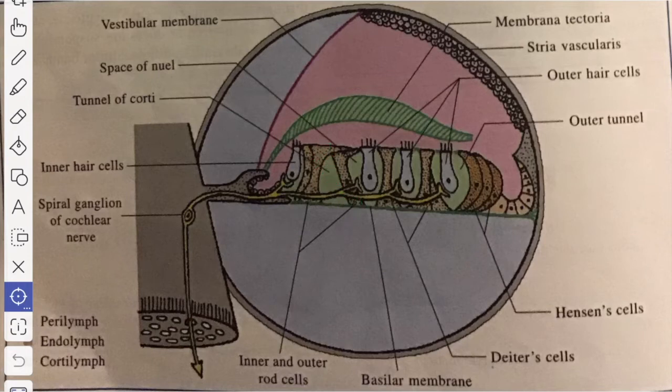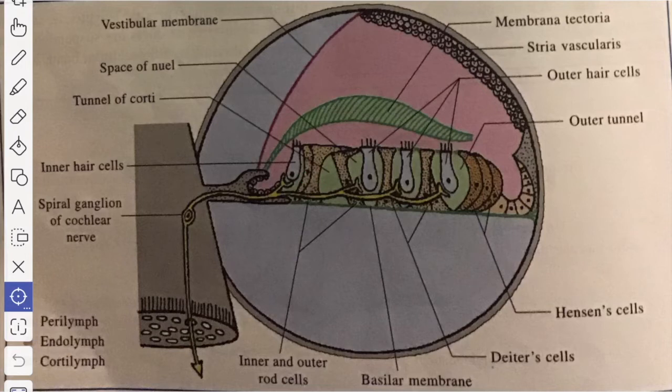The inner hair cells are pyriform in shape and they are type 1 sensory cells, and they are about 3,500 in number, arranged in a single row on the medial side of the inner rod cells.